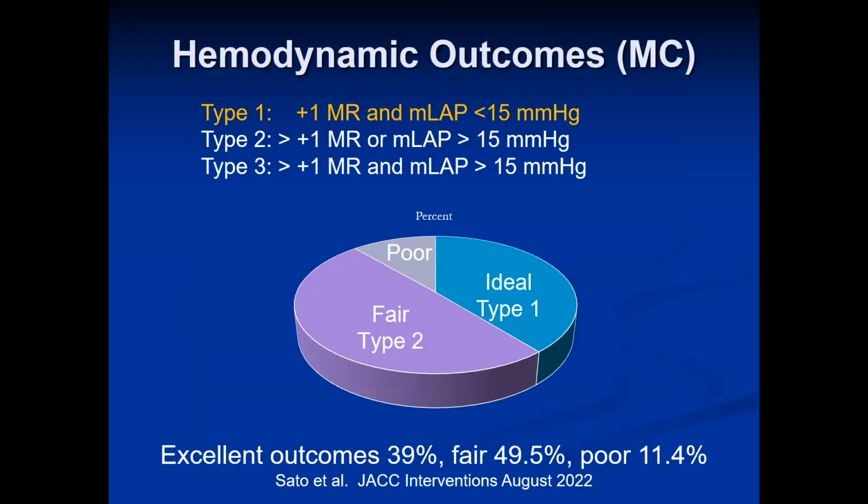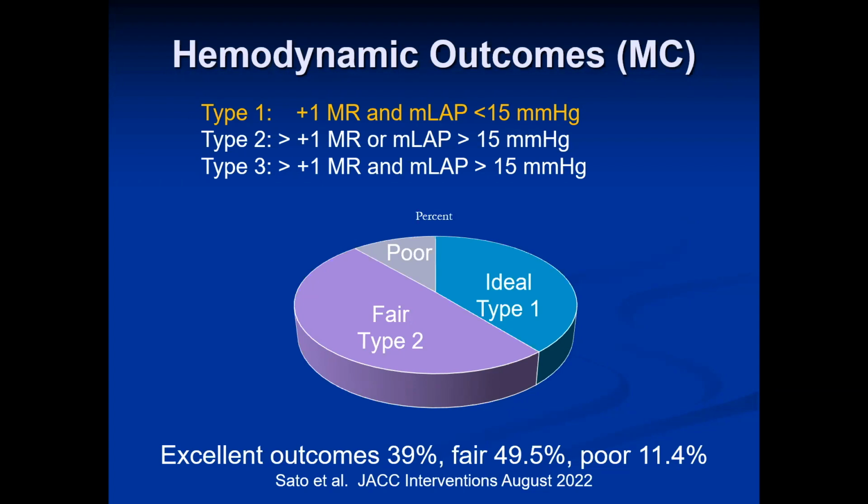More importantly to me is, what are the hemodynamics that you're left with after you do mitral clip therapy? So if you look at the current data, this is data from a year ago, I would say you have an ideal outcome from a hemodynamic perspective after mitral clip therapy in about 39% of patients.